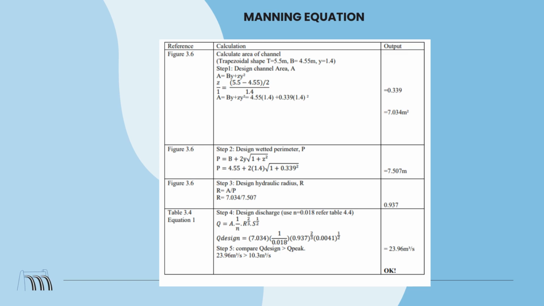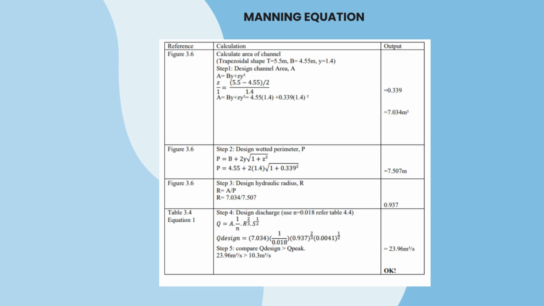7.507 meter. Step 3 is the design hydraulic radius using the formula R equal to A over P. We get R equal to 0.937 meter. Step 4 is the design discharge, using n equal to 0.018 and the formula Q equal to A times 1 over n times R to the power of 2 over 3 times S to the power of 1 over 2.